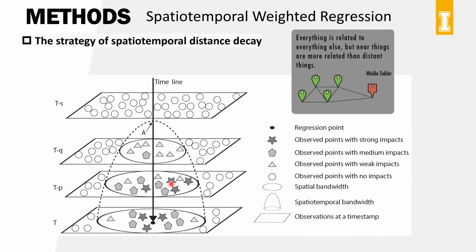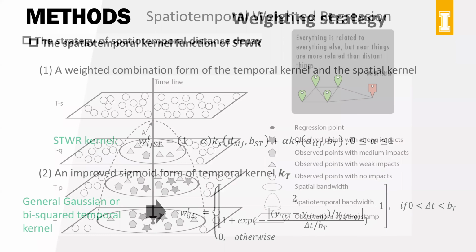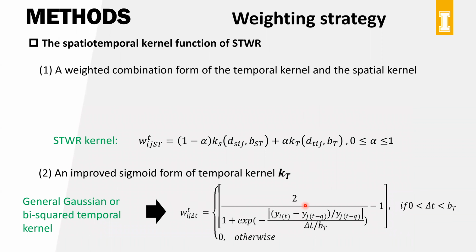So in GTWR, they only treat the time distance by time difference, say t minus t slash p. But here we treat the time distance not only by the time difference, but the value change rate here.